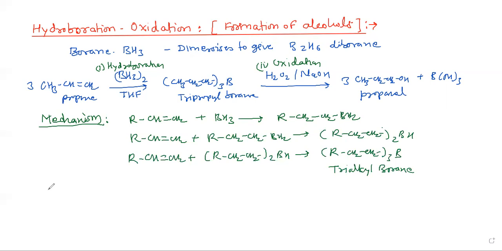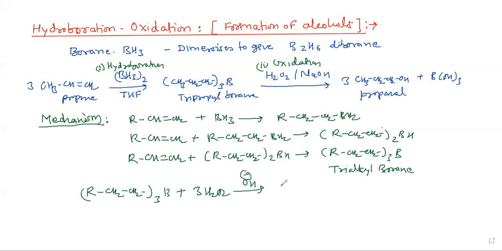And in the next step, this trialkyl borane undergoes oxidation, or it undergoes reaction with alkaline H2O2. It is converted into alcohols. So here we can write the reaction of this trialkyl borane, (RCH2CH2)3B plus 3 H2O2, hydrogen peroxide.